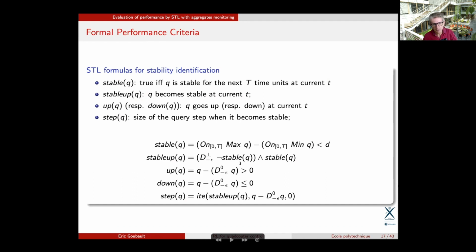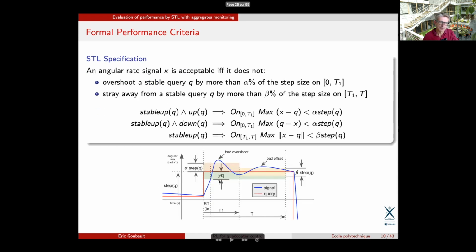And then you can encode what it is to be stable after having risen for some time. So this allows for encoding the rising time and the overshoot and offset performance evaluation formulas. And then directly implemented as the robust semantics of these STL formulas, the code does the performance evaluation directly on random queries of 20 seconds.